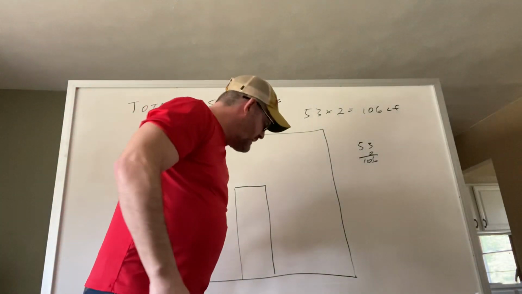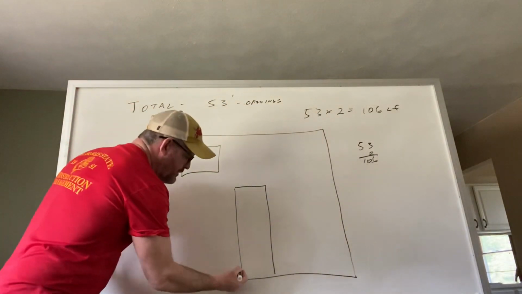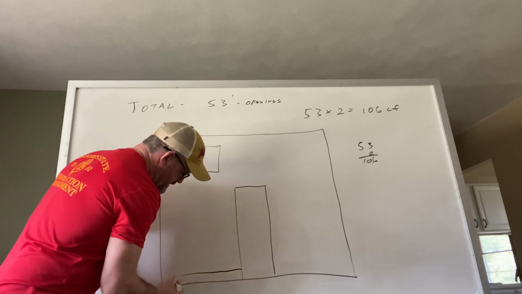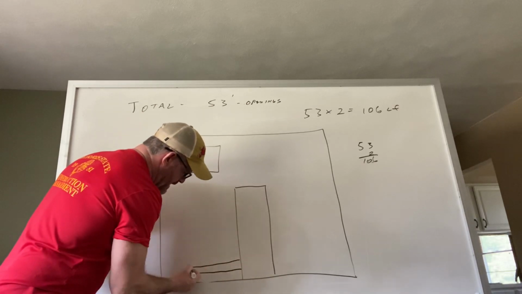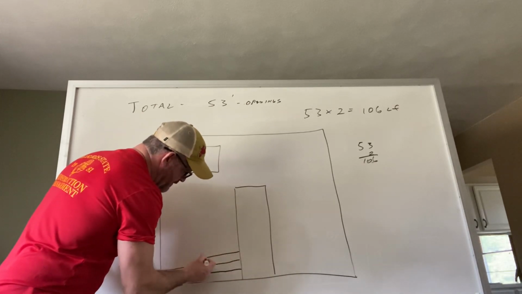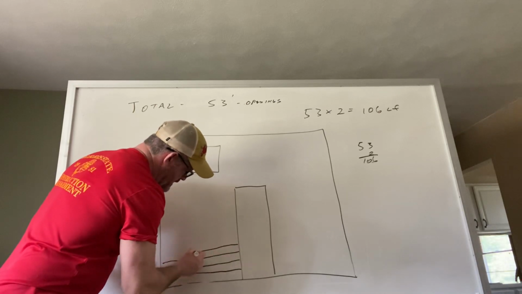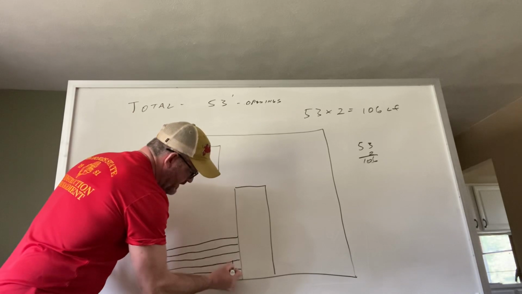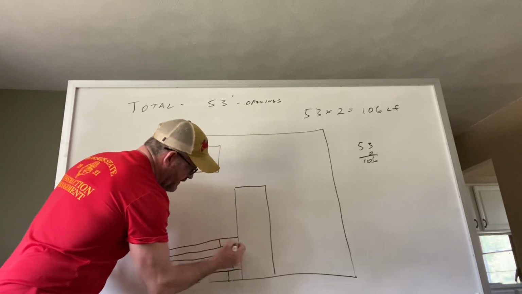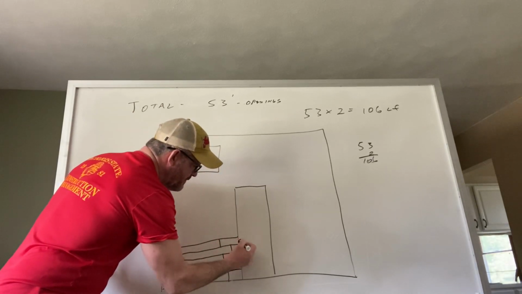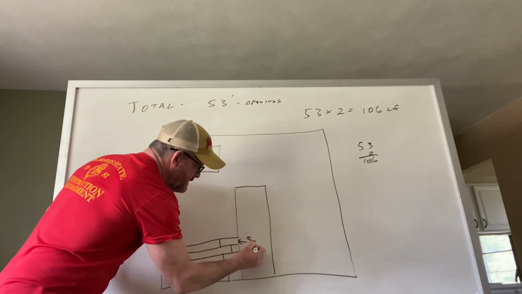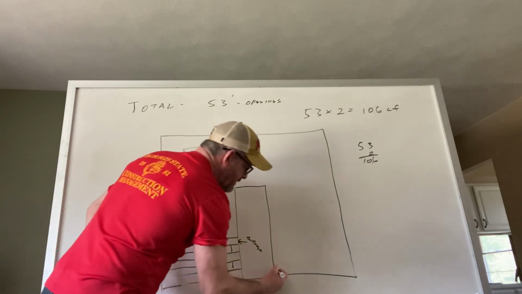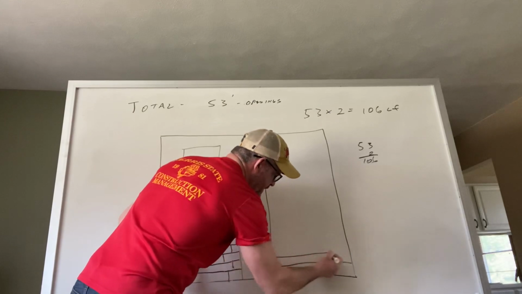Okay, now what? If I have 106 feet total, and I want to determine how many block I have at each opening, what am I going to do? Again, here's my block. I know that my bullnose block right there is my softened edge. I have the same thing on this side.